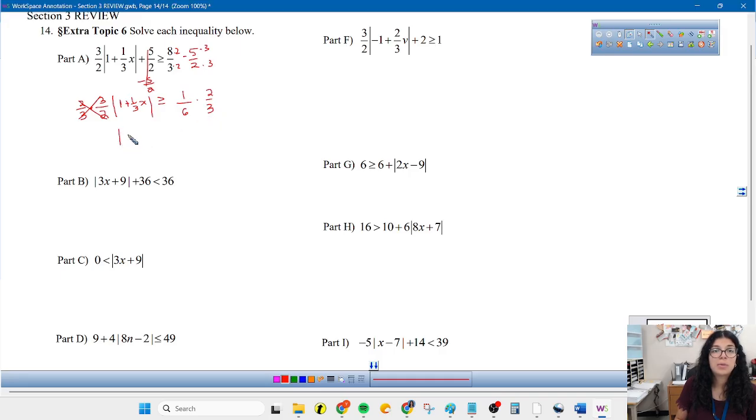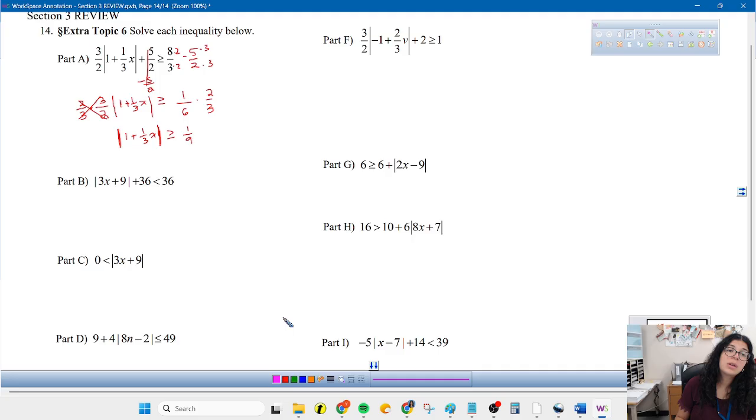So now I have the absolute value isolated. 1 plus 1/3 x is greater than or equal to 2 over 18, which would be 1/9. And then now the absolute value is by itself, so we're going to go ahead and split it up into 2 separate inequalities.